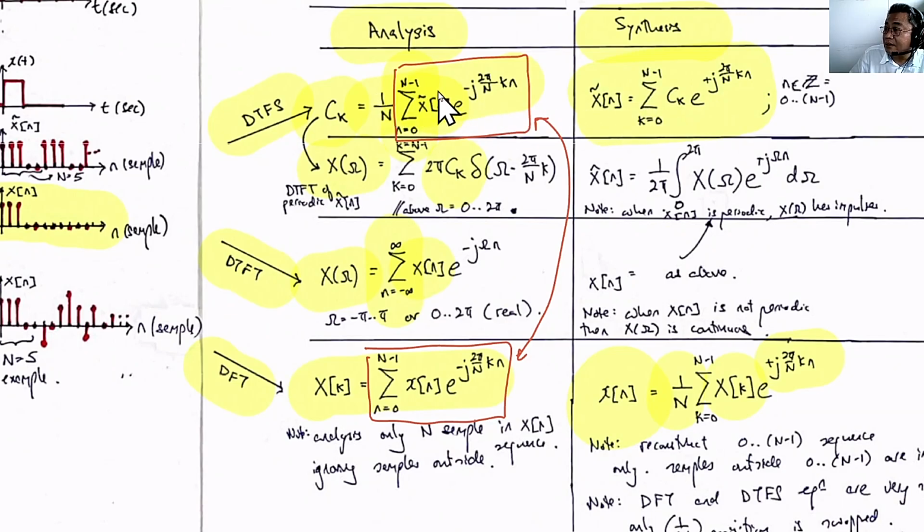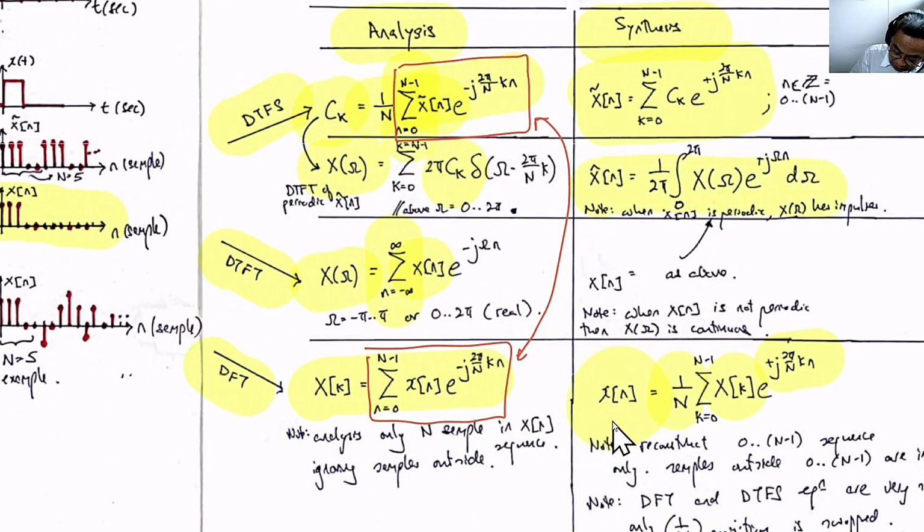You'll realize that the DFT formulation is very standard, but not the DTFS formulation. This 1 over N becomes 1 over root N, and so on and so forth in different books. But the take-home message, at least to this point, is that all these equations are for analysis and synthesis, and in this one page you can see all 6 of them.